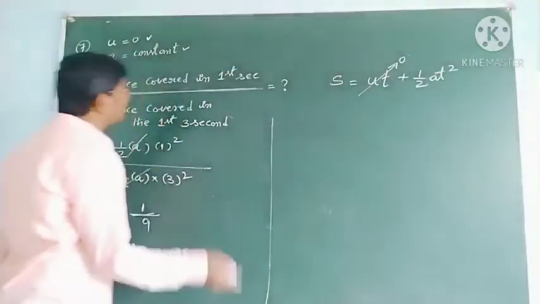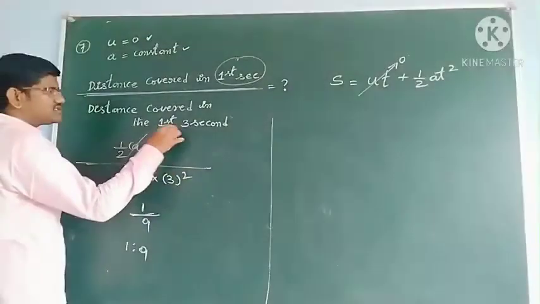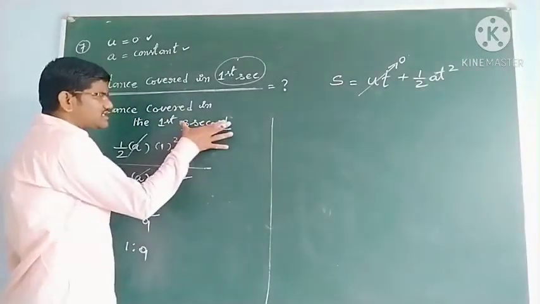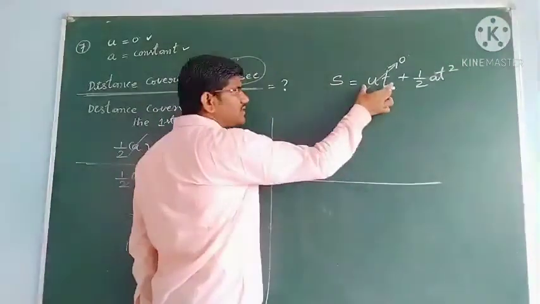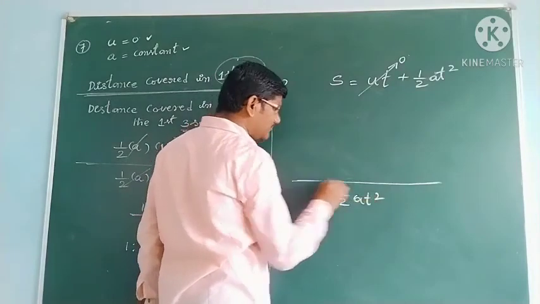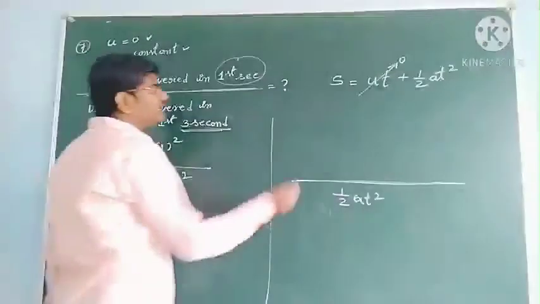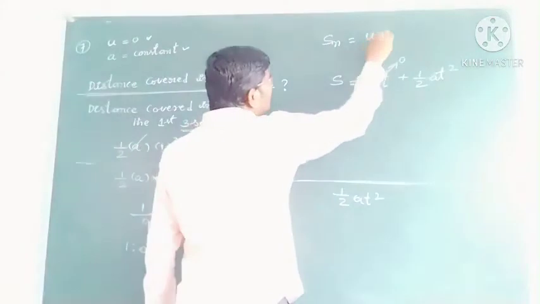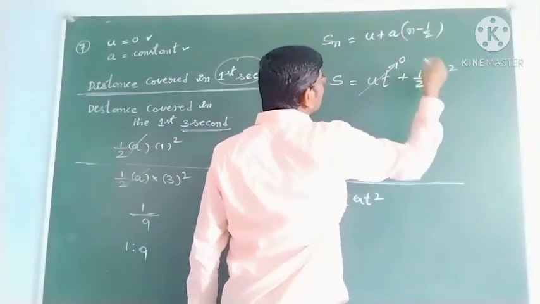Otherwise, see students, this is the distance covered in the first second, and this is the distance traveled in the first 3 seconds. For 3 seconds, starting from rest, you use half a t square. And for distance traveled in the first second, use the formula Sn equals u plus a into (2n minus 1) by 2.